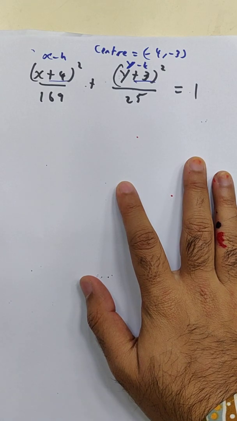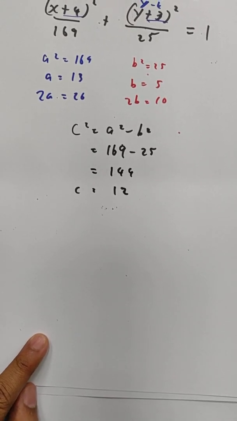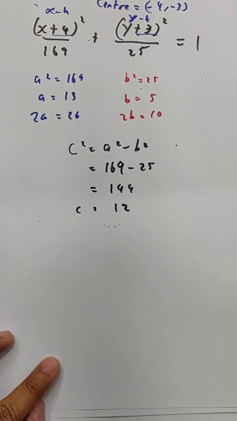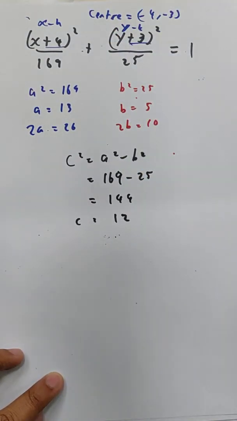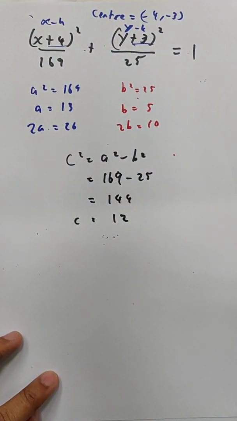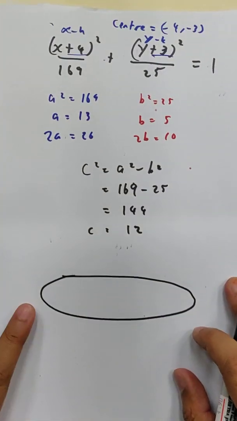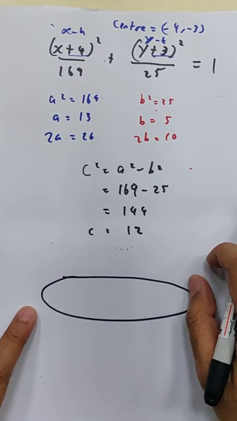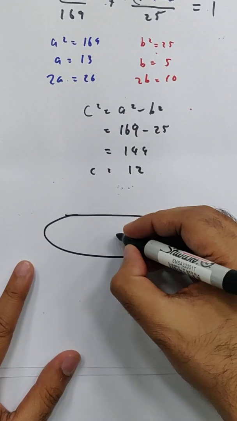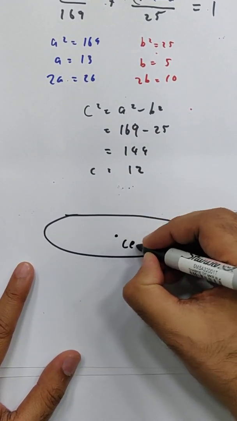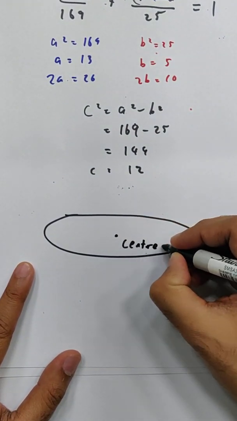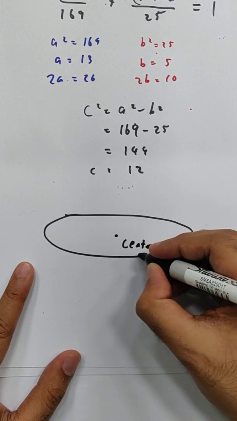Alright, on your own. These are the crucial information that you need before you can go further. Center is negative 4, negative 3. Viewers, you may try by yourself. Okay, so I'm going to try. This is a horizontal ellipse because this is longer. Negative 4, negative 3. Why is it horizontal?